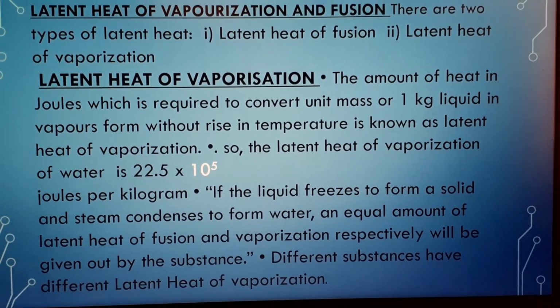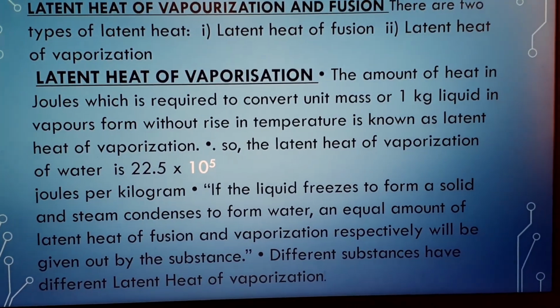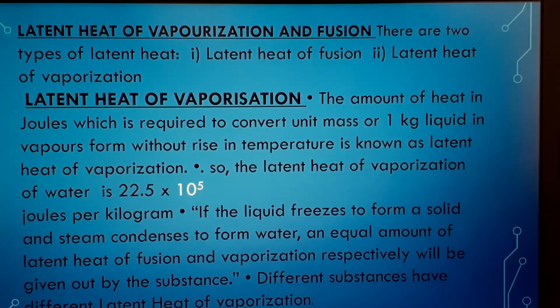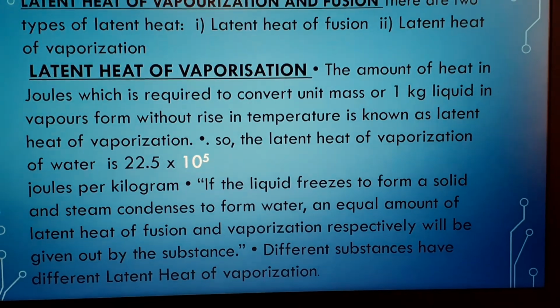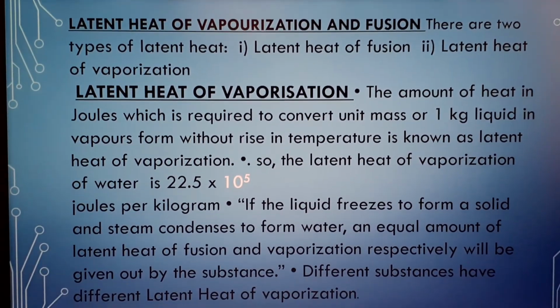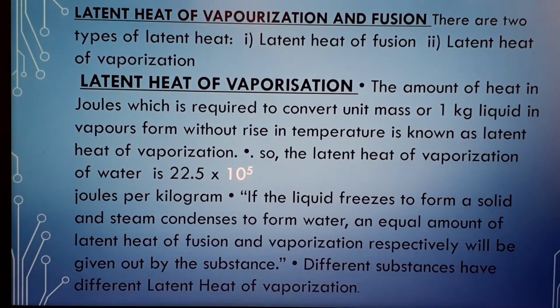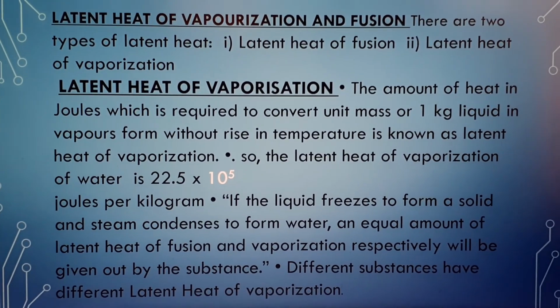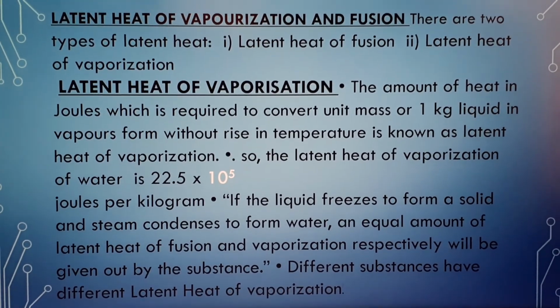It shows 0 degrees Celsius. When I heat it, it still shows 0 degrees Celsius only. But the state is changing: the ice breaks and we get liquid from it. So this is said to be the latent heat of fusion.